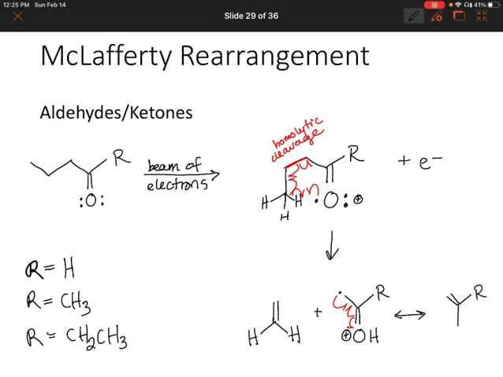So the double bond is going to move up to those two carbon atoms. All right, so again, this is resonance stabilized, which is why fragmentation can easily occur.